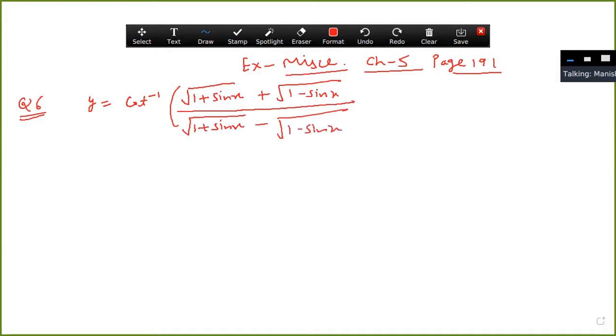Here the condition is that the value of x will lie between 0 and pi by 2. This is the condition given.